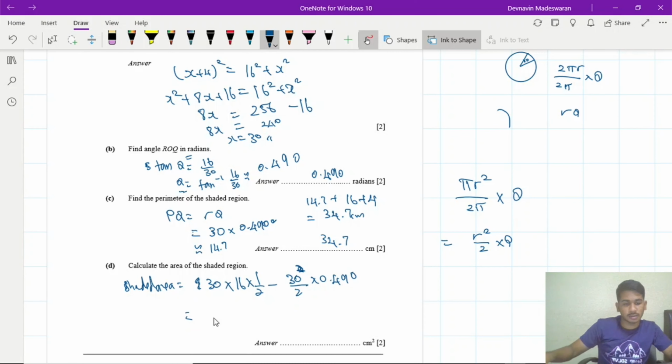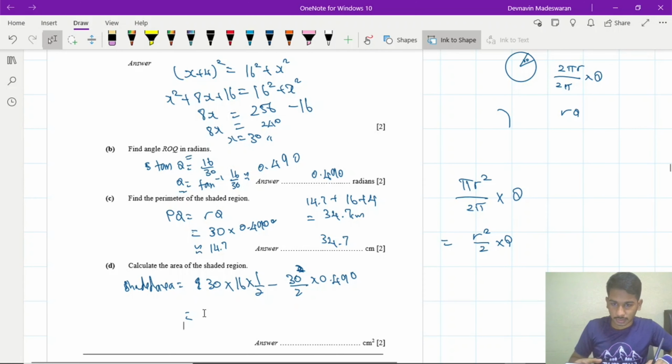Let's put this in the calculator: 30 times 16 times 0.5 minus 30 squared over 2 times 0.49. That is going to give us 19.5 cm squared.